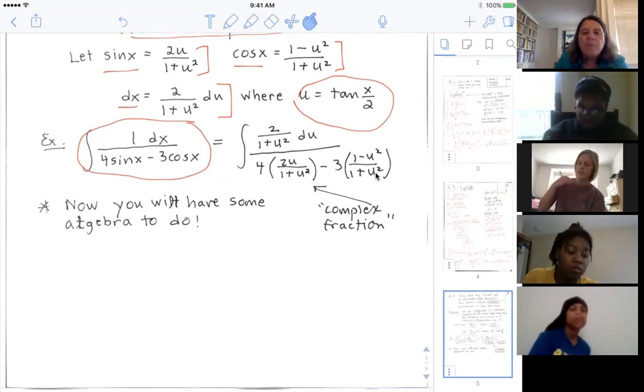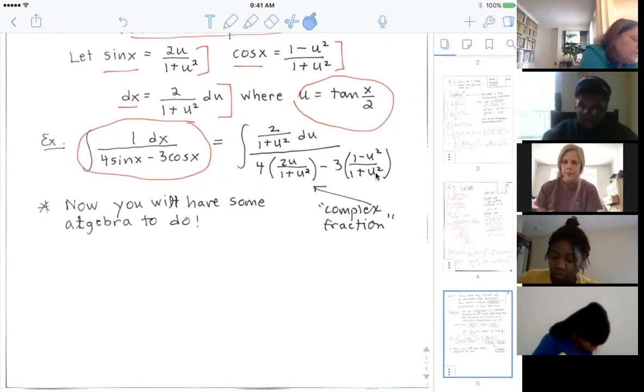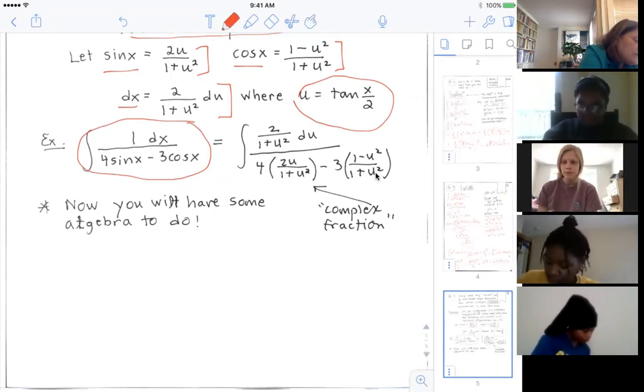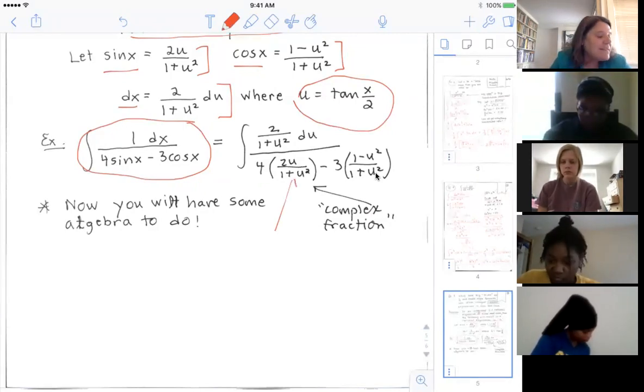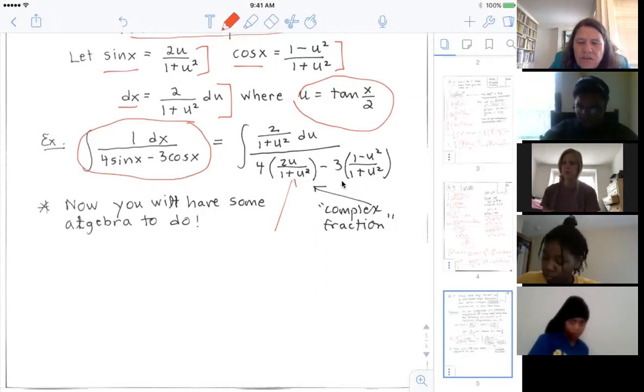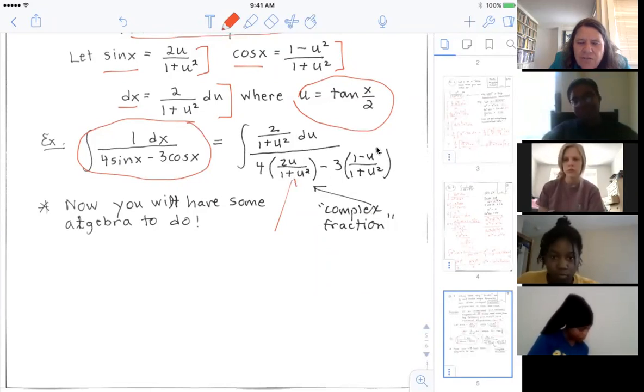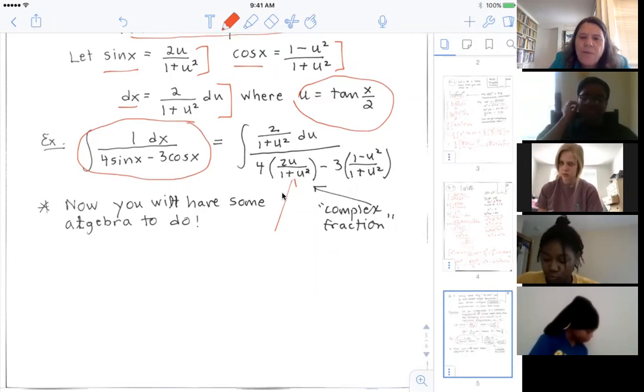Now, that's not pretty. This thing right here is ugly. It is known as a complex fraction. But the nice thing about it is, every one of those fractions has the same denominator. And what's the denominator in every one of those fractions? 1 plus u squared. So here's what I'm going to do to make it look better.